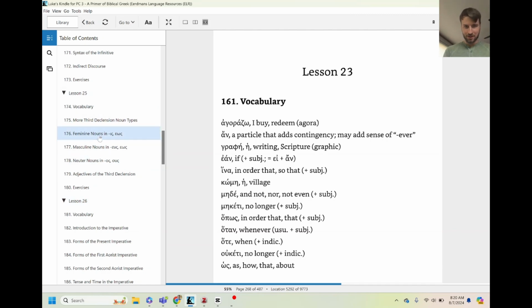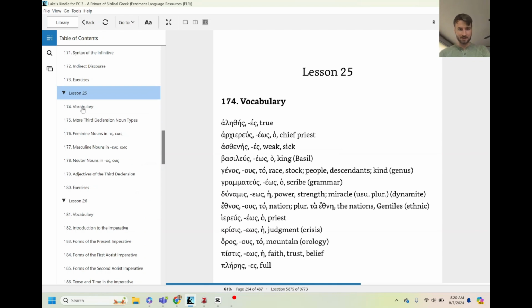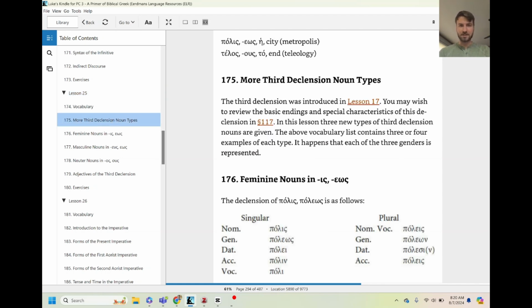So hopefully you find this chapter easy, and I don't think the content in this chapter is as critical as in other chapters. So all this is saying is that there are, this is just showing you different third declension endings.